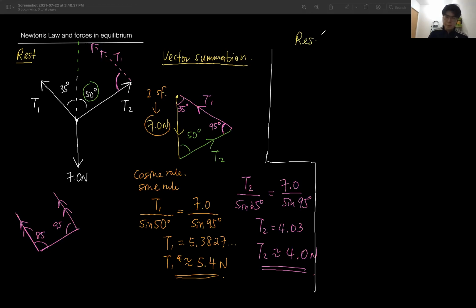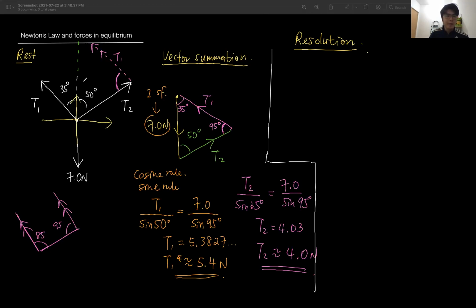Second, solving using resolution of forces. When I solve using resolution of forces, before I resolve, pick your reference axis. I'm going to take the conventional Cartesian system as my reference axis.